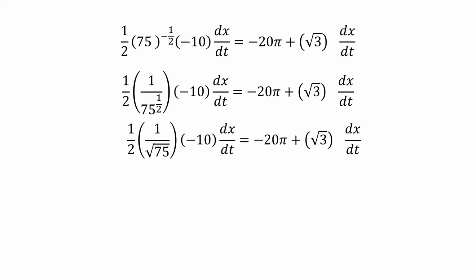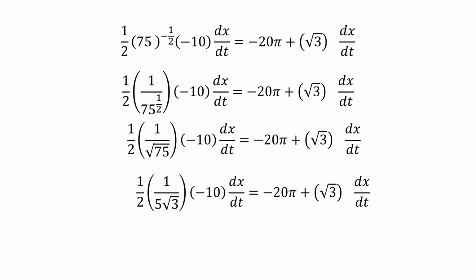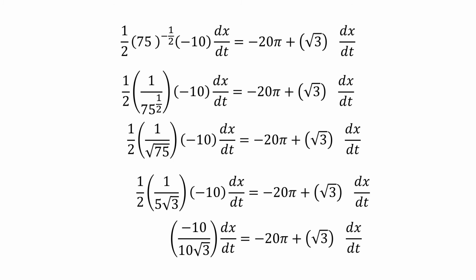Now, obviously, square root of 75 can be simplified further as 5 square root of 3. Now, I will multiply 1/2 times 1 over 5 square root of 3, and I will also multiply that by negative 10. I can simplify negative 10 and positive 10 in the denominator, so I will only have negative 1 in the numerator and square root of 3 in the denominator.